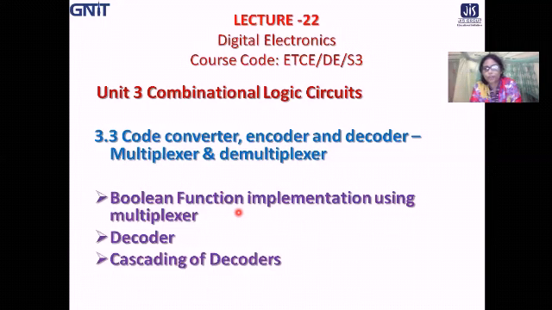Next, we have studied about the logic gates. In the logic gates, we have seen there are mainly three types of gates. First is the basic gates, next is the universal gates, and also the exclusive gates. We have seen how to design some functions using the logic gates. Next, we have come to the minimization techniques.